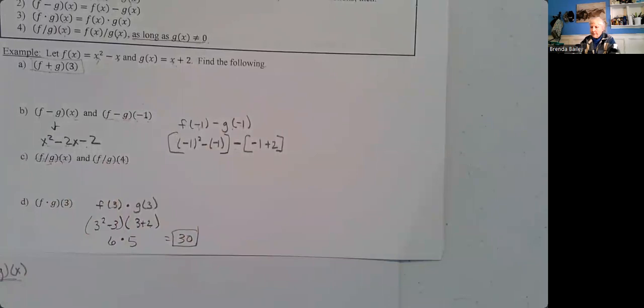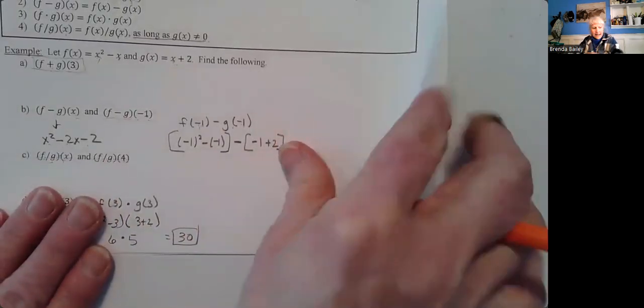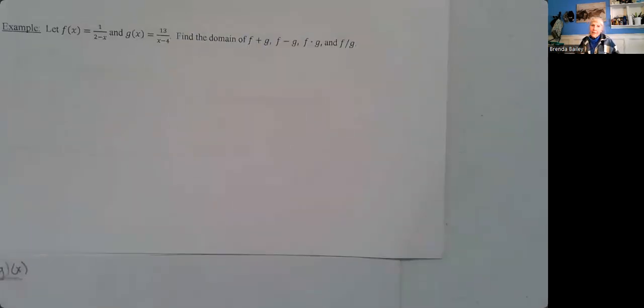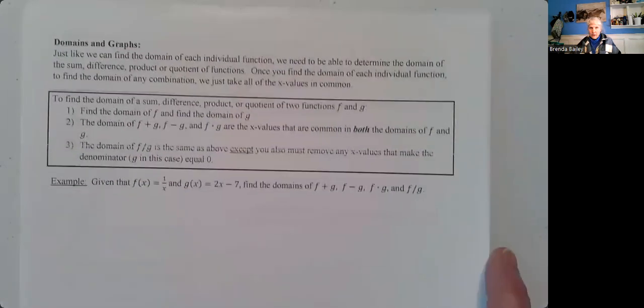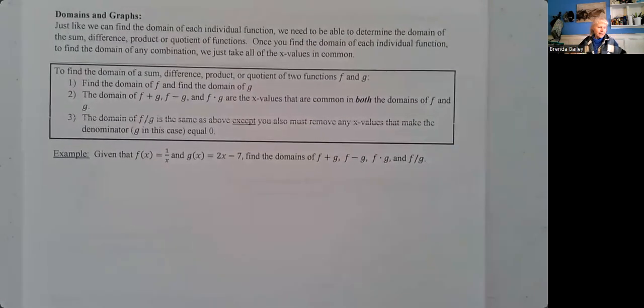Okay, hopefully that made sense, because now we're going to talk about domains and graphs. The graphs are on the next page. We hit domains a lot. We've talked about them before, and we're going to talk about them again.